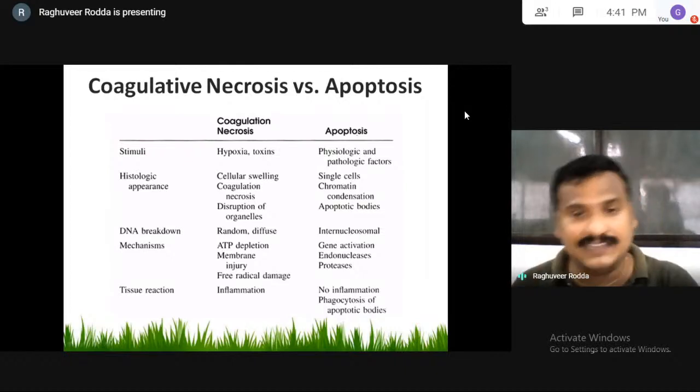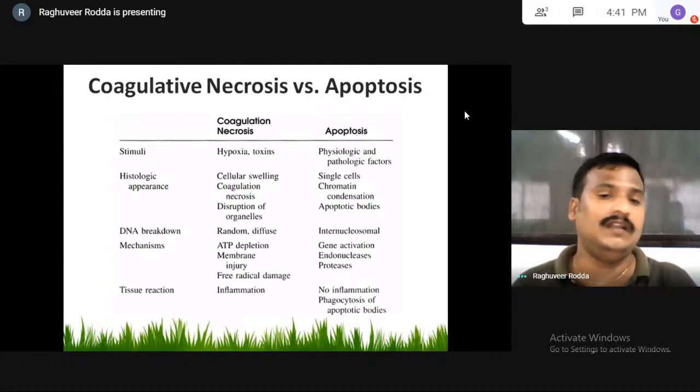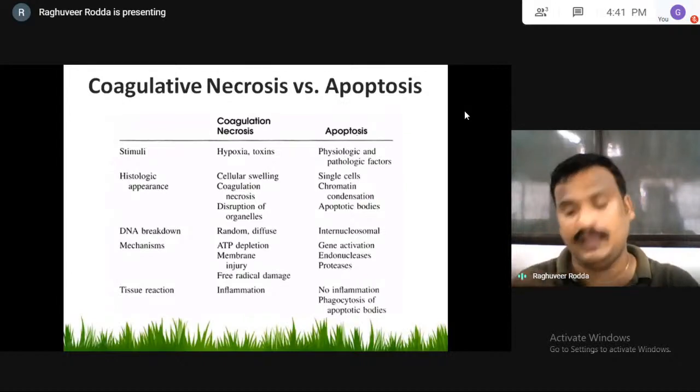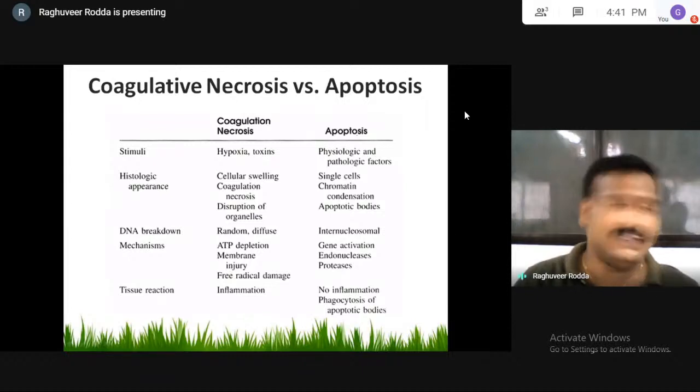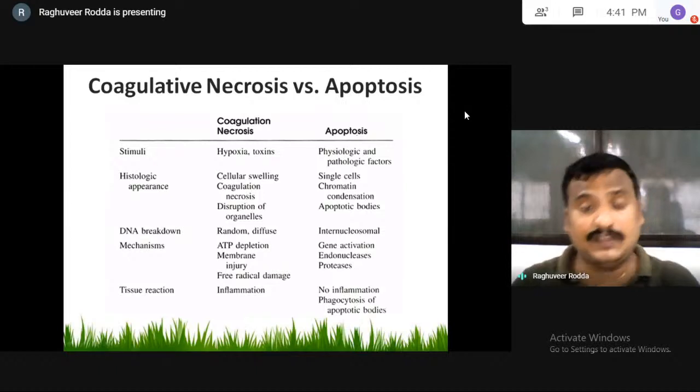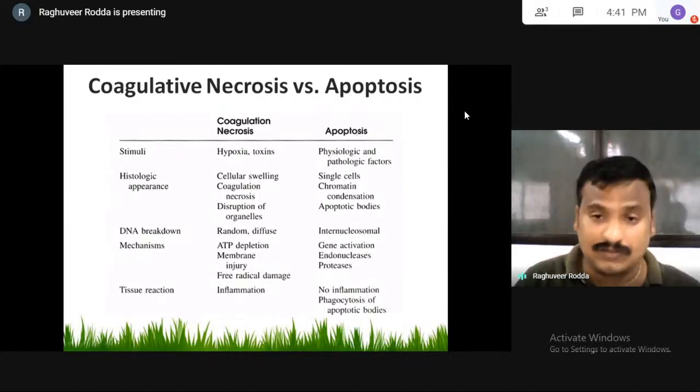Whereas in apoptosis, it is intranuclear and nucleosomal. It will react with nucleosomes, and it will be engulfed by a membrane-like structure. The mechanism for necrosis is ATP depletion, membrane injury, and free radical damage. Whereas in apoptosis, there may be an initiation of genes.